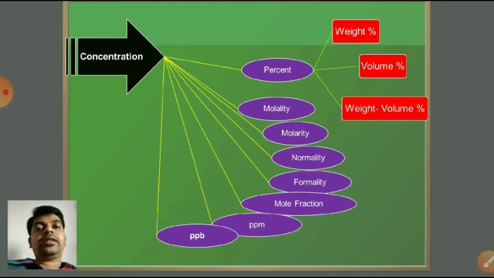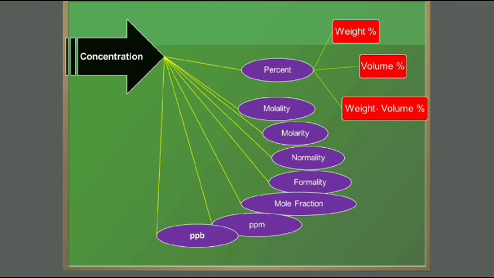If we summarize today's lecture, the expressions for concentration are of the following types. The percent, in which we have seen weight percent, volume percent, and weight volume percent, then molarity, normality, formality, mole fraction, ppm and ppb.